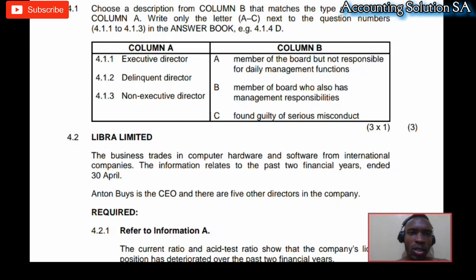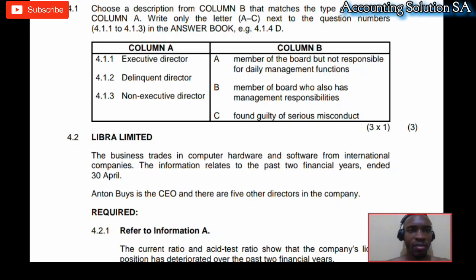Okay, let's try to go through this one quickly. For the executive director, we have to look at the side and check if we have the matching one. Member of the board but not responsible for daily management function. For this one, of course, it is a non-executive director. Then they said member of board who has management responsibility.